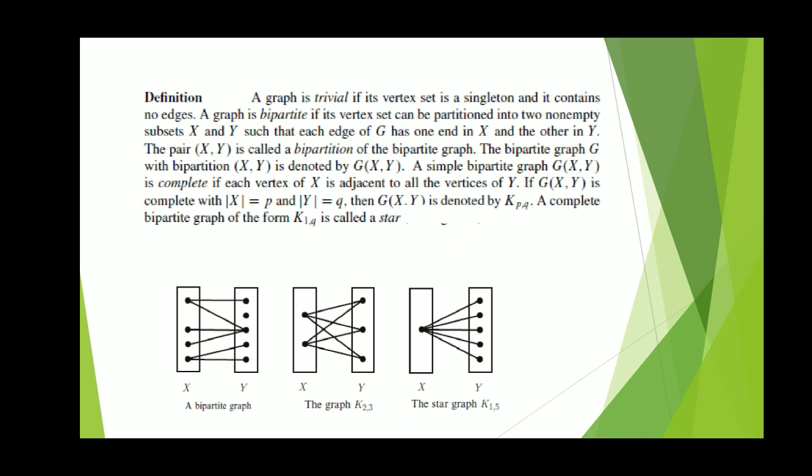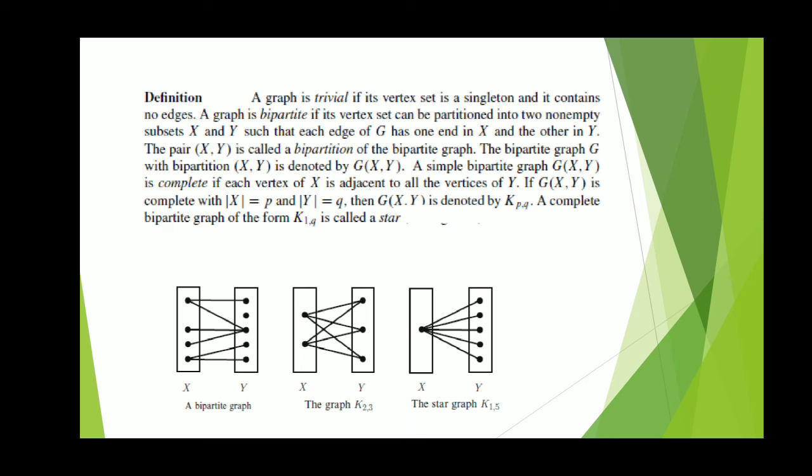Do not make the adjacency between the same set. Here in the first example, a bipartite graph, you can see adjacency between the vertices is made from the vertices of X to Y, not within the same set.